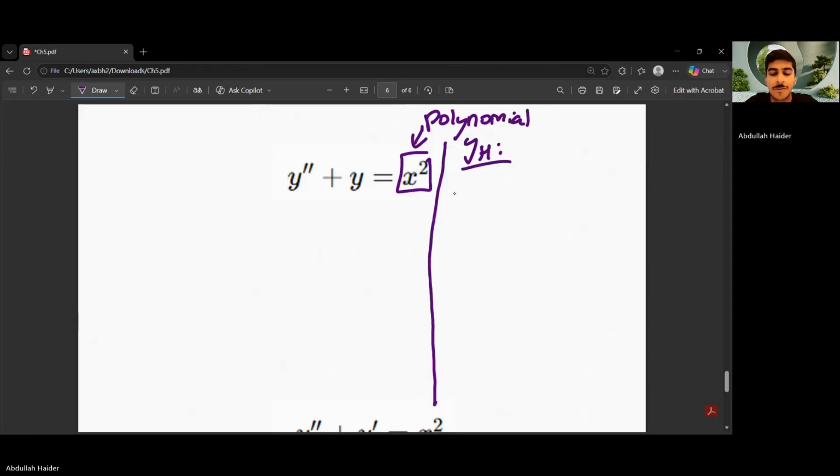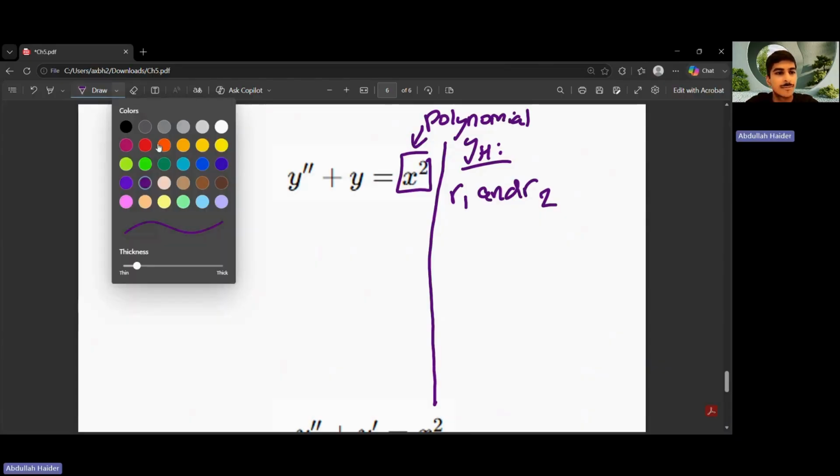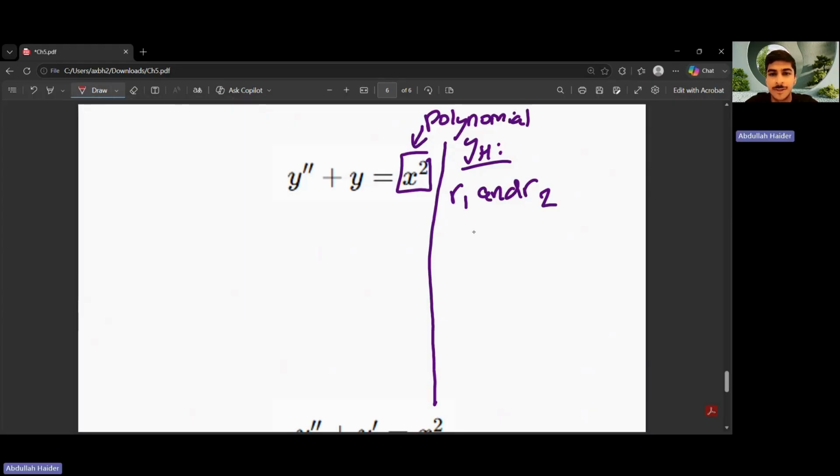But when we find R1 and R2, and we get R1 and R2 not equal, so both of them are not equal to 0, your yp will remain the same.